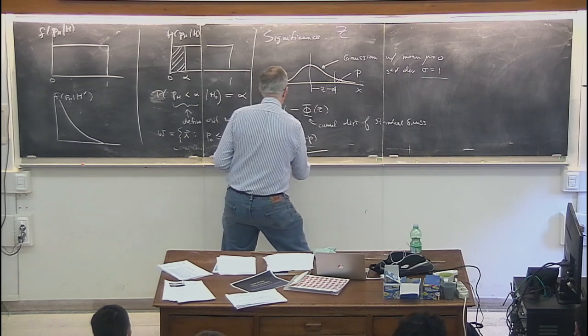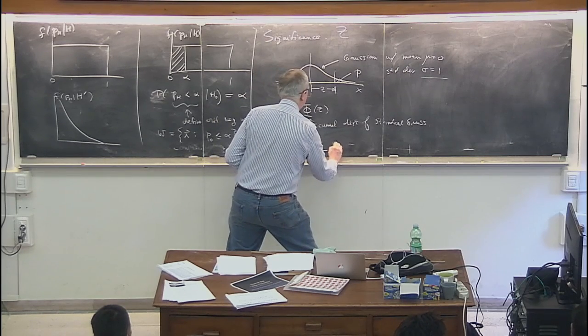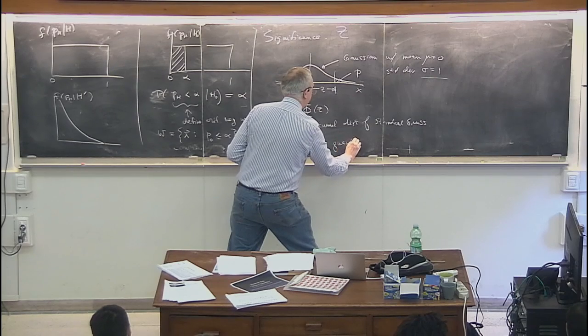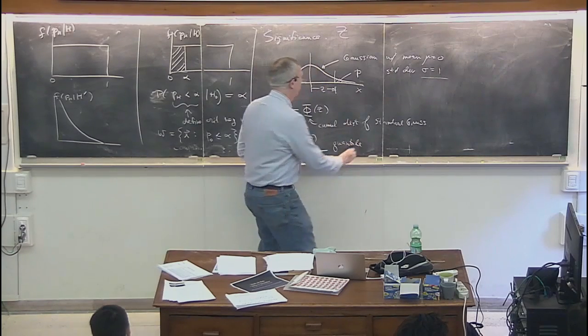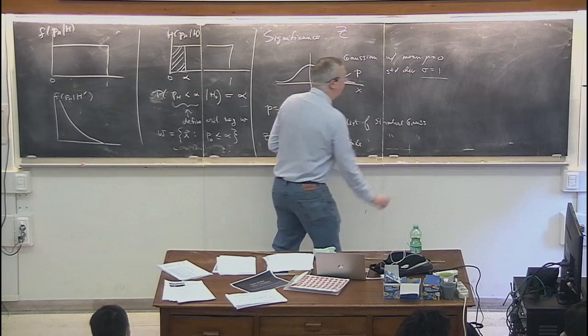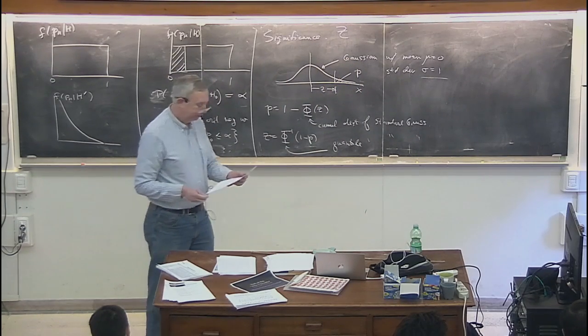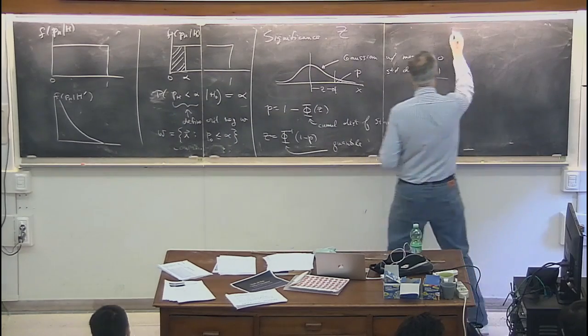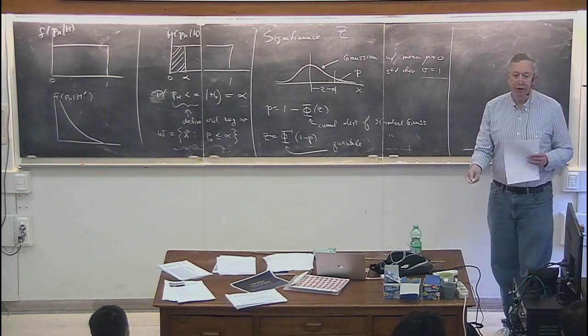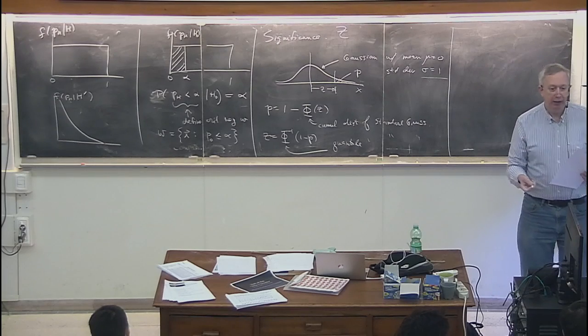This inverse of a cumulative distribution is what's called the quantile. So there's the quantile of the standard Gaussian, and there are computer routines that will give you the quantile. And so rather than saying, I got a very low p-value, so therefore I reject the hypothesis. Yes?